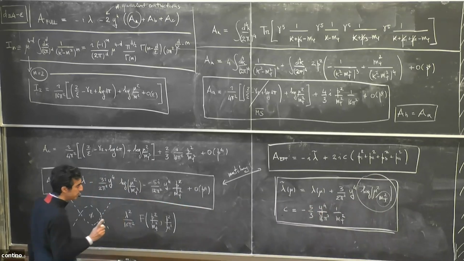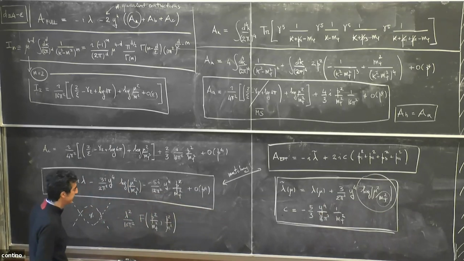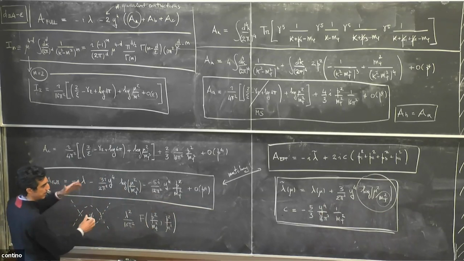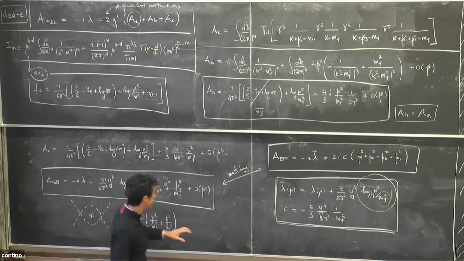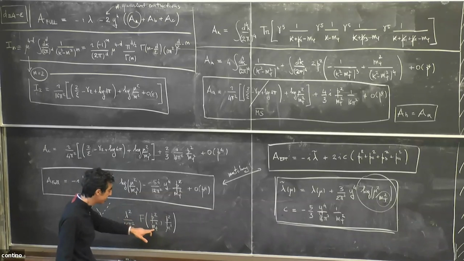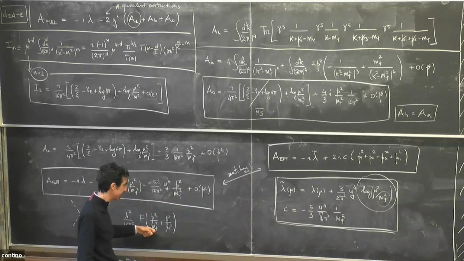But the most important thing is not about this detail. The important thing is that the expressions of both A full and A effective do have some nonlinear dependence on the momentum, and also a nonlinear dependence on the parameters of the effective theory, in particular the mass of the light particle.